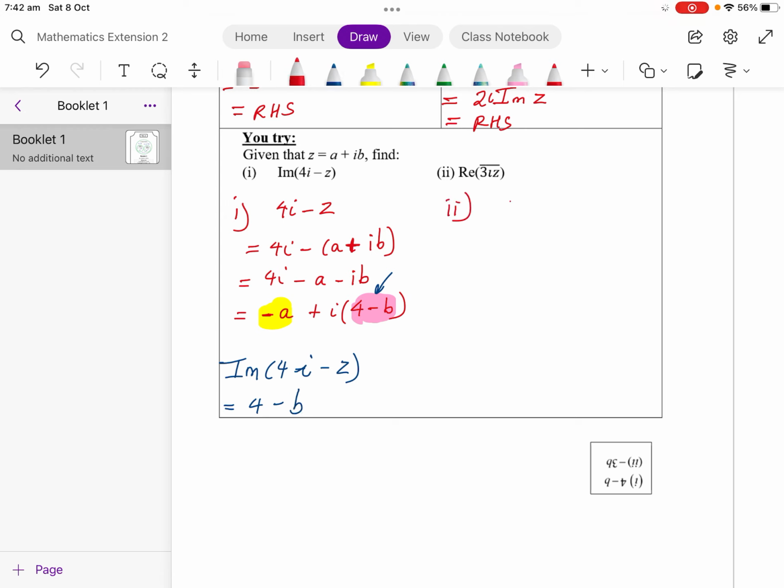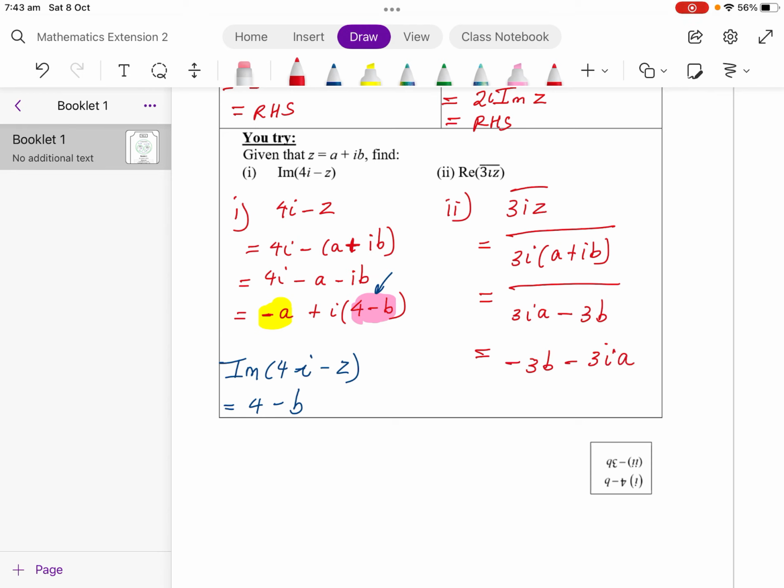And then here it says the real part of 3iz conjugate. So, well, I'm going to first work out what 3iz is. So I've got the conjugate bar on top because I haven't found that yet. I'm going to expand that bracket. That gives me this. And then remember, when I take the conjugate, it means I've got to change the sign of the imaginary part. So I'm going to not put the conjugate bar on now, but I'm going to write this as 3ia with a minus.